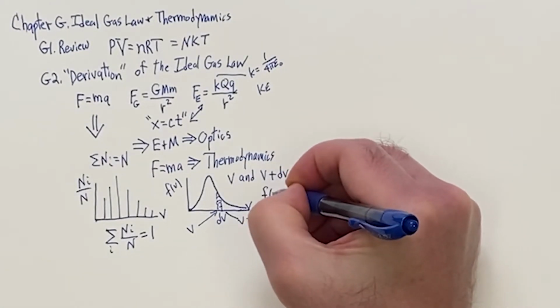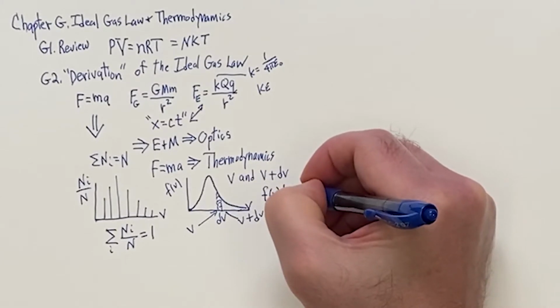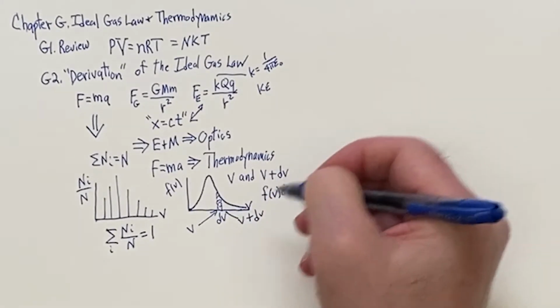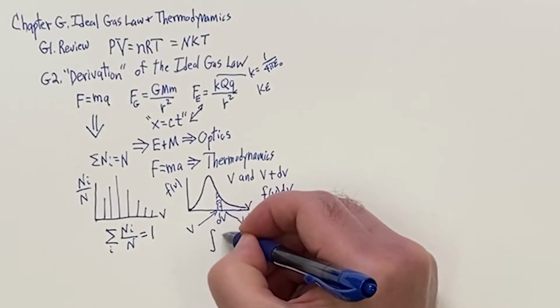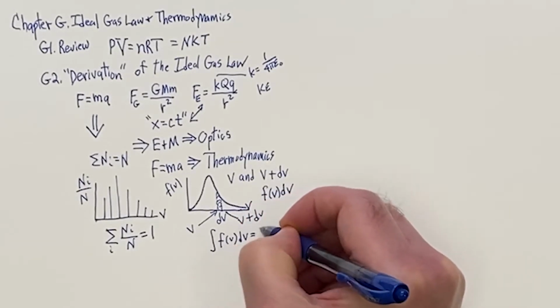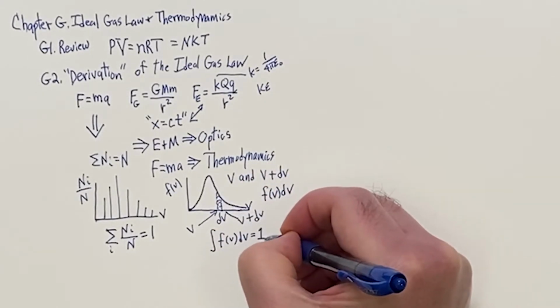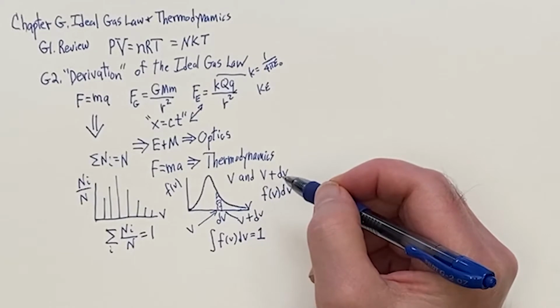Sometimes we just write that as the height times the width, a little strip like this. And then if you were to integrate over all the velocities to get the area under the graph, the complete graph would have area 1.